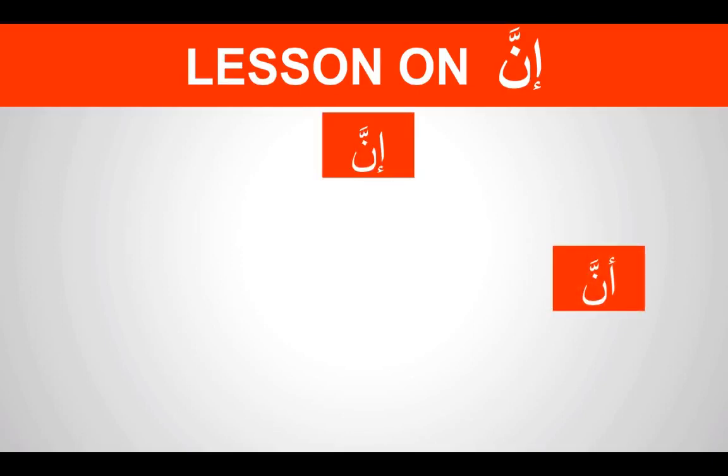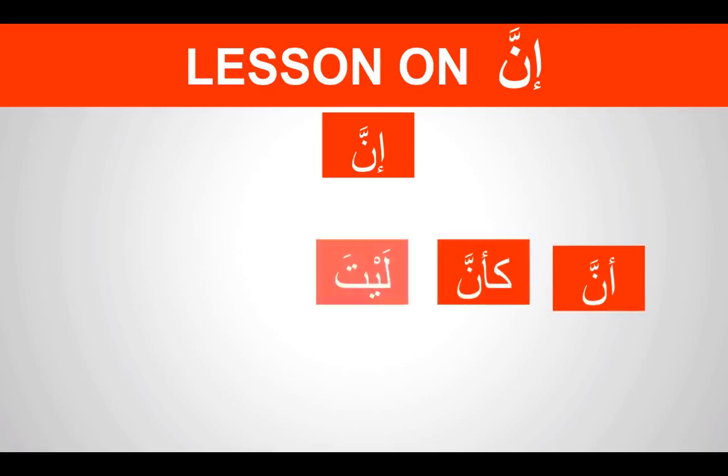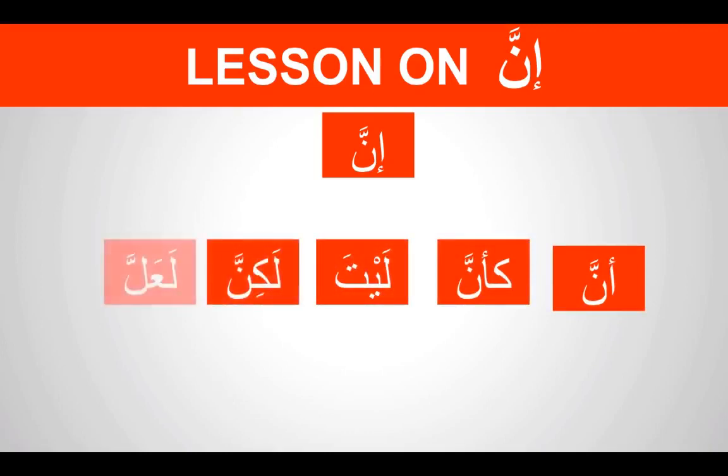This inna has got 5 sisters, which means they all will behave in a similar way to how inna does. That means it will have an ismu inna and a khabar inna and it will make a noun mansoob. So what are the sisters? They are called min akhwatu inna. They are anna, ka anna, layta, lakinna, la'alla.